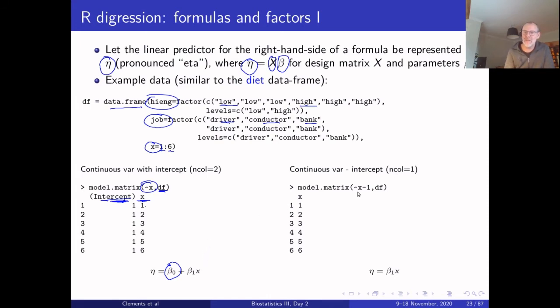Then we can change the formula to tilde x minus 1, and that essentially drops out the intercept term, and so we have eta is equal to beta 1 times x.